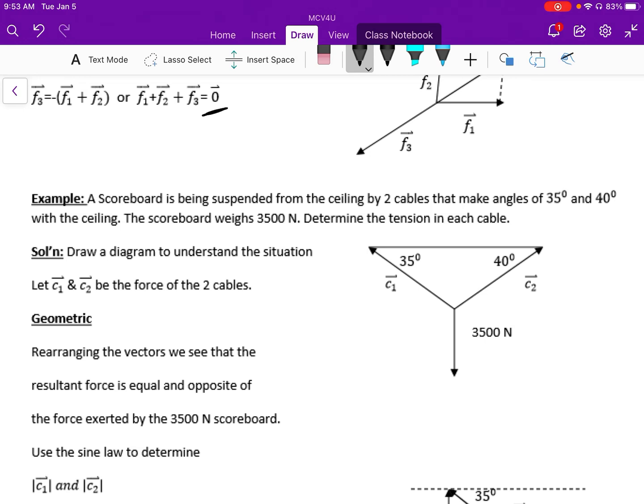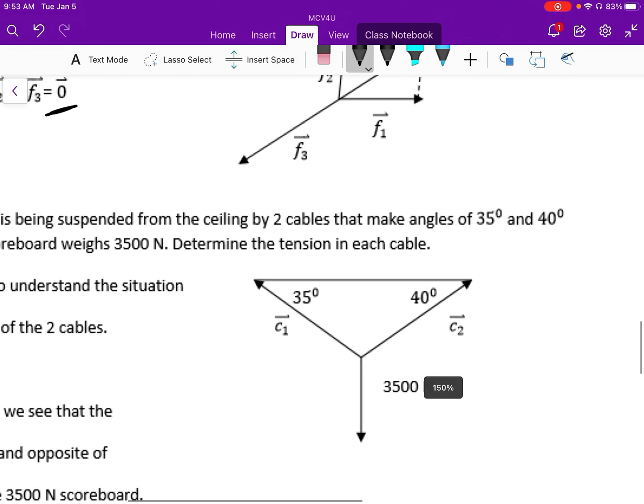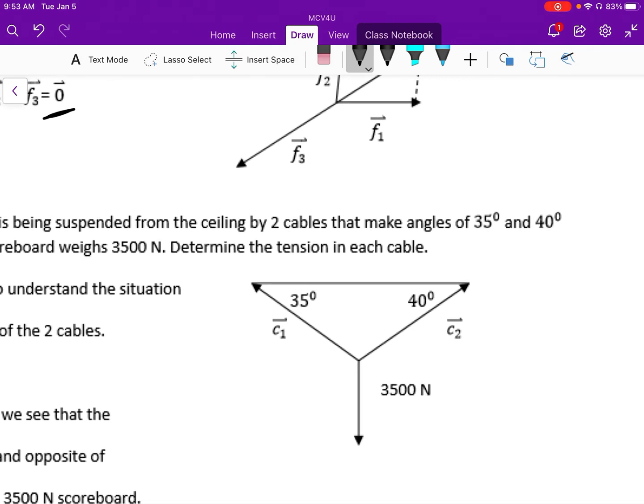So when you're looking at something hanging like this, you see this type of diagram. The scoreboard is this point mass. We consider it the point mass right here. And again, gravity is forcing it down, 3,500 newtons down.